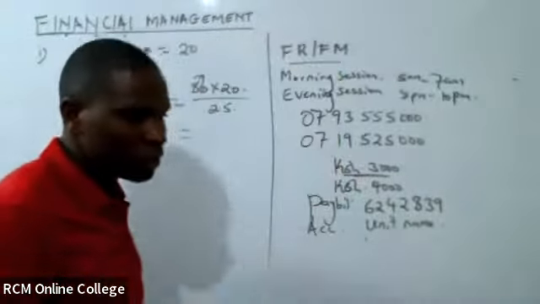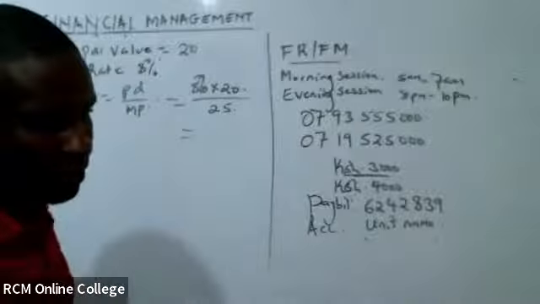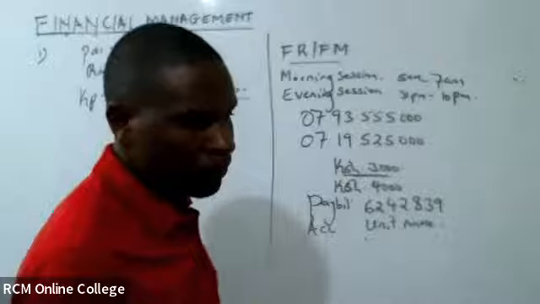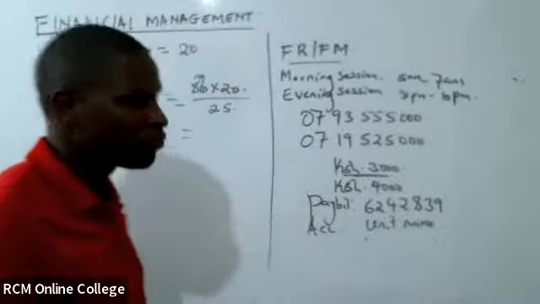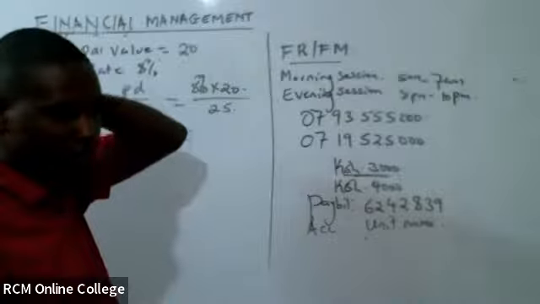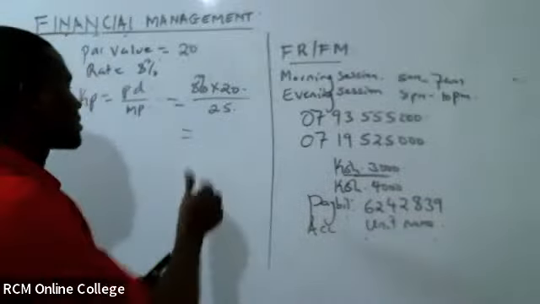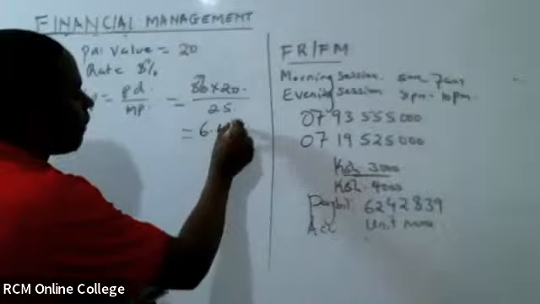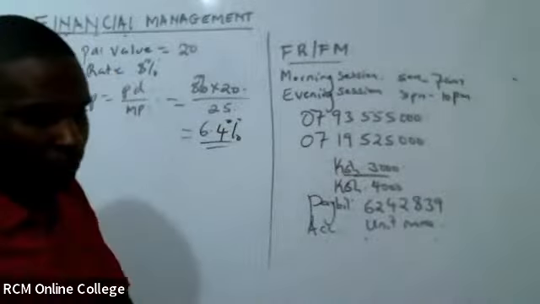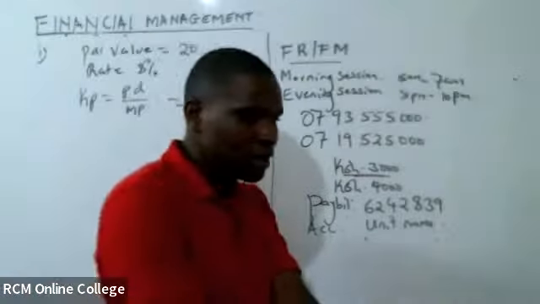So Shiro, Robinson, can you now confirm whether you're getting 6.4? Please confirm. So 8% of 20 divided by that. Great. 6.4%. Good. So Shiro, I hope now you're okay.